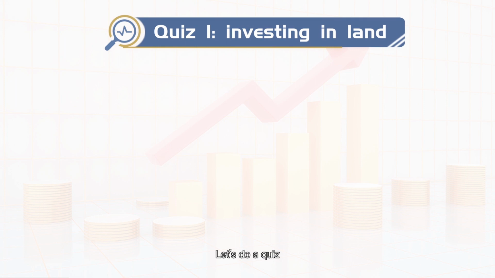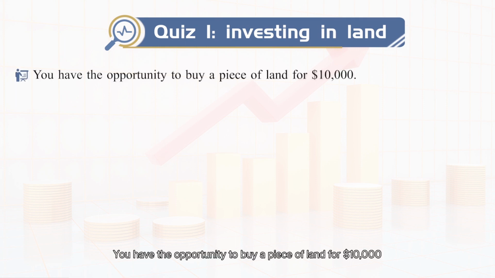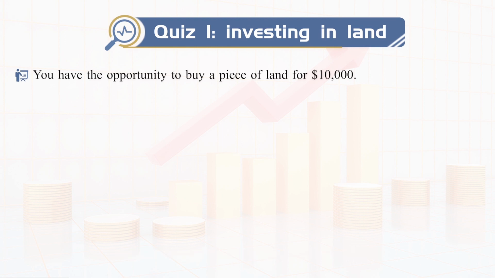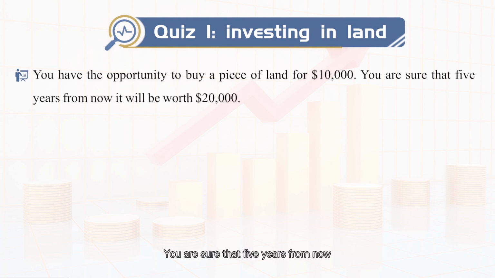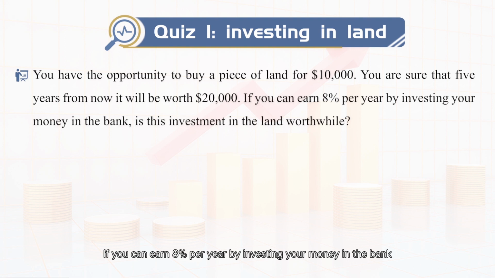Let's do a quiz. You have the opportunity to buy a piece of land for $10,000. You are sure that 5 years from now it will be worth $20,000. If you can earn 8% per year by investing your money in the bank, is this investment in the land worthwhile?